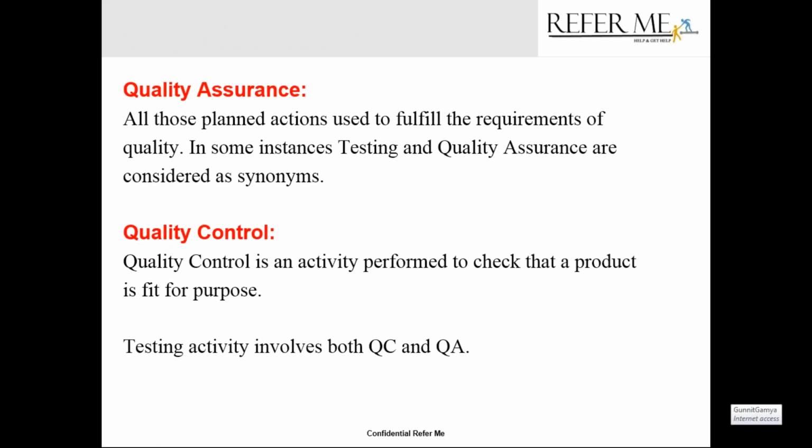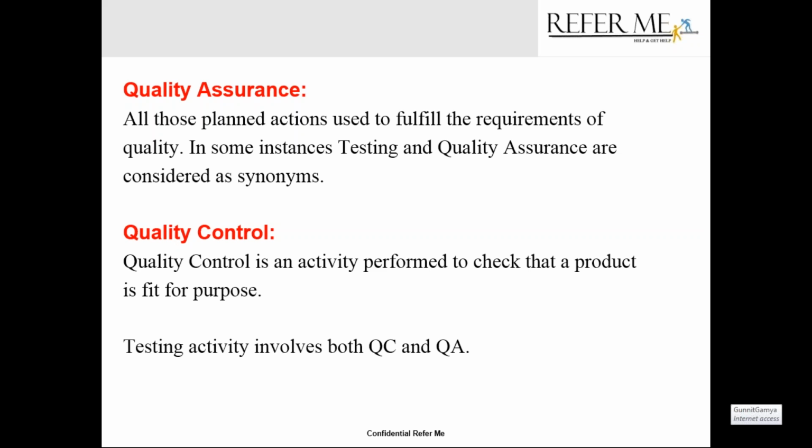Now, what are quality assurance and quality control? Can anyone tell me the difference between assurance and control in general English terms? Quality assurance, we make sure that we are building the right product.